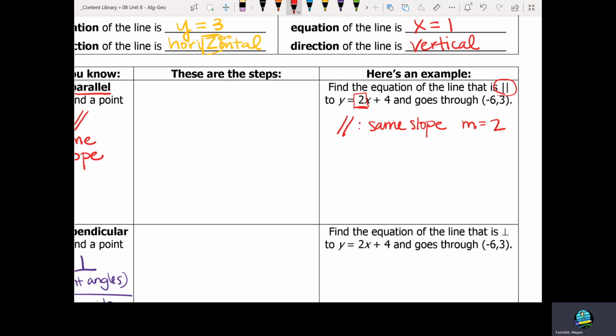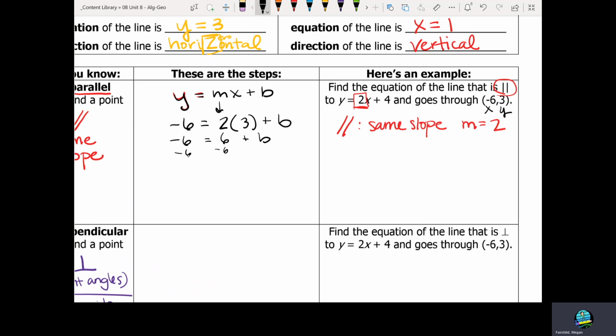But we need to find the y-intercept, right? We need a slope and the y-intercept. So when we write our equation, y equals mx plus b, we can fill in what we know. We fill in the 2. We fill in the x and the y. And we solve for b. So -6 equals 6 plus b.